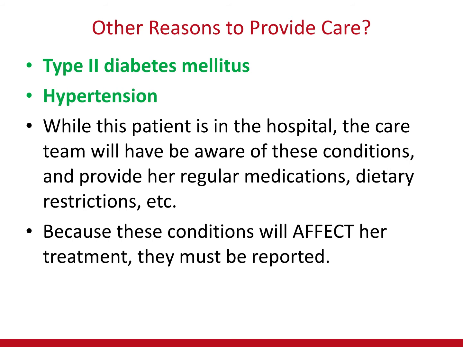Both of these conditions are what are known as systemic conditions, and that means that they affect the entire body. So they virtually always are reported when a patient has been diagnosed with them, regardless of the specific detail for the procedure or for the admission. So let's go ahead and take a look.